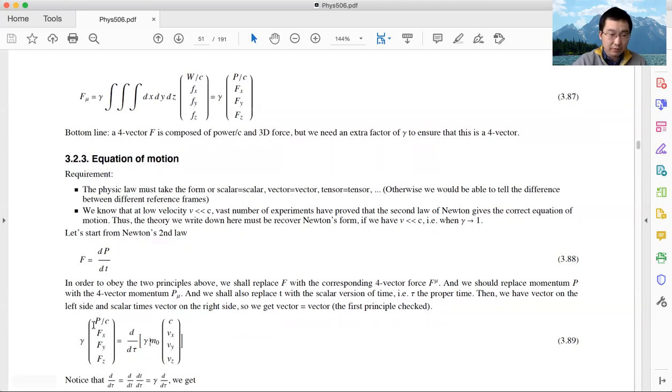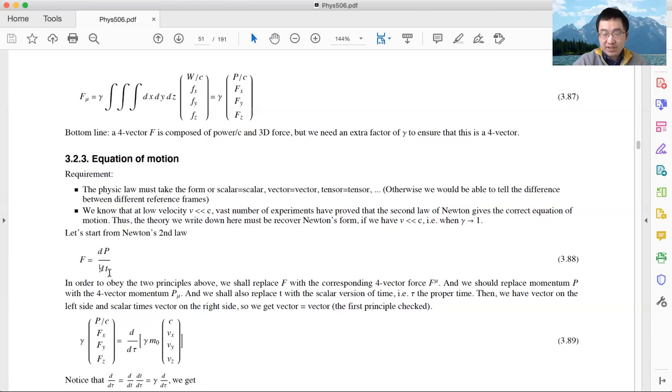So we have force, which becomes a 4D vector, and momentum, which becomes a 4D vector. We still need to do one more step. That last step is the time derivative. In Newton's law, Newton just said, let's do a time derivative. But here we know that in special relativity, we need to be very careful about what time we should be using.